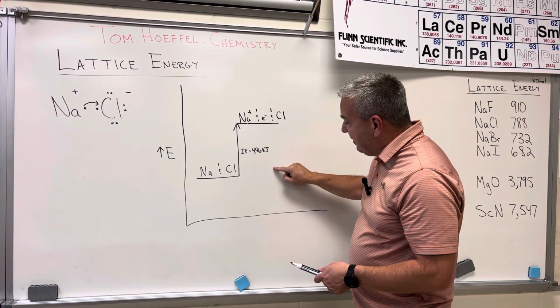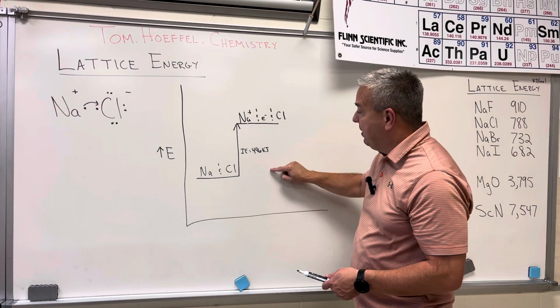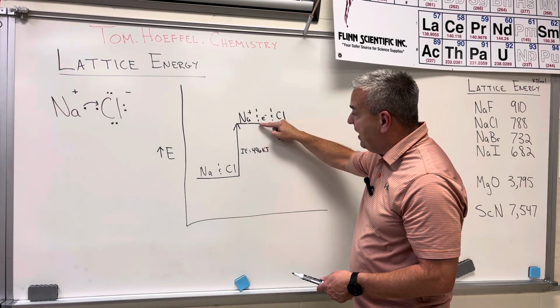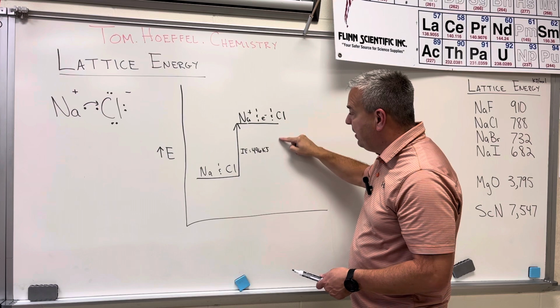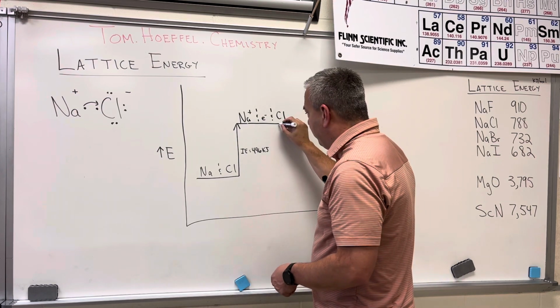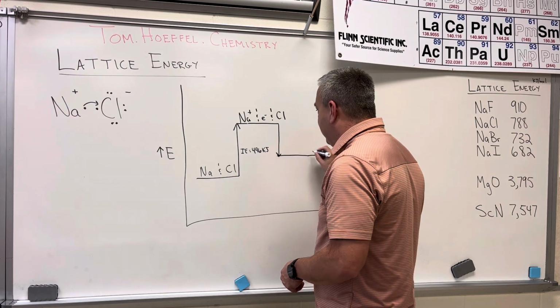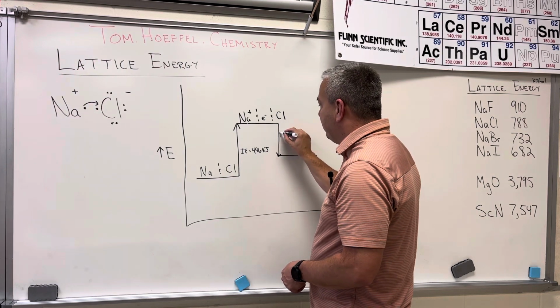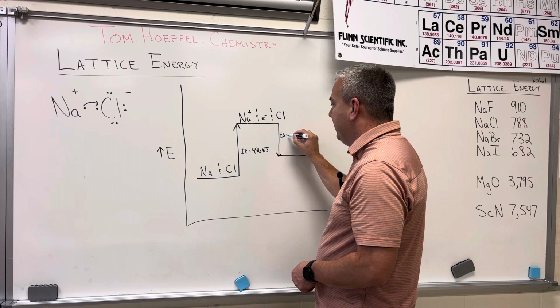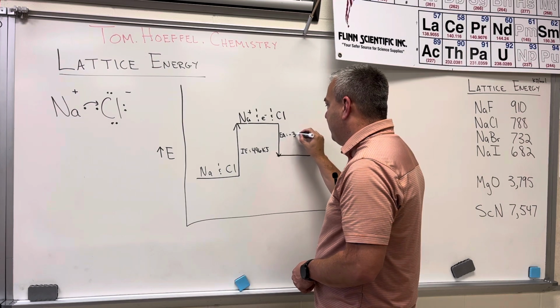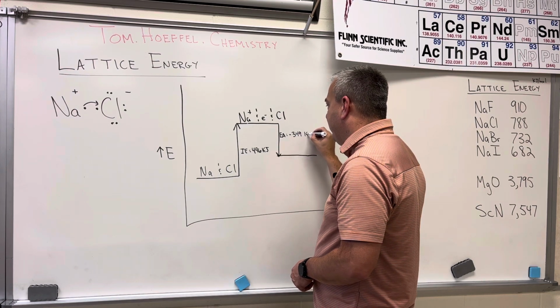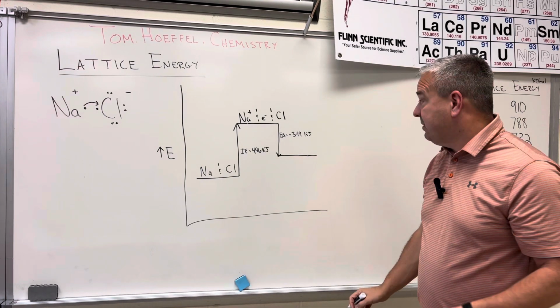Now, that doesn't return us to where we started, because it took us 496 to pull the electron off, and we're only returning 349. So maybe somewhere right around here, and I'm going to label this electron affinity. And electron affinity was 349 kilojoules according to my textbook.